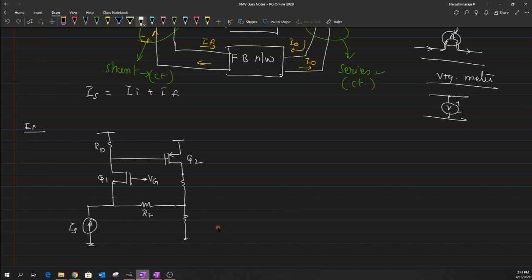So this is the circuit, and we basically have to identify the feedback network out of this.